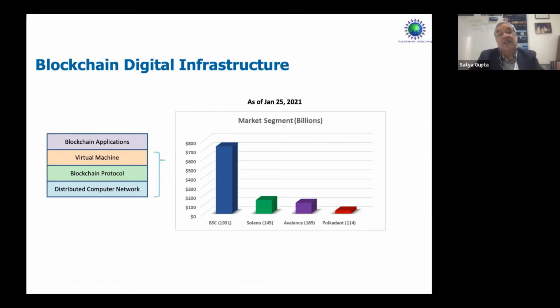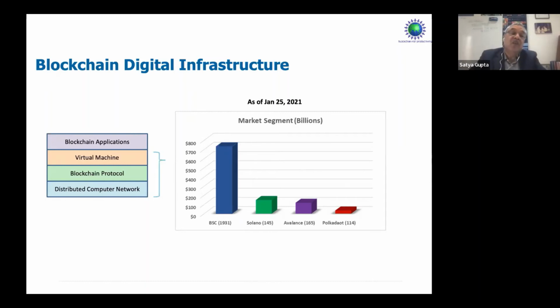First, there is a distributed computer network. That is the underlying infrastructure where you have your computers connected to the internet, and they have their ASN, autonomous system number. Then on top of that, you run another layer called the blockchain protocol, and that is your DLT part.